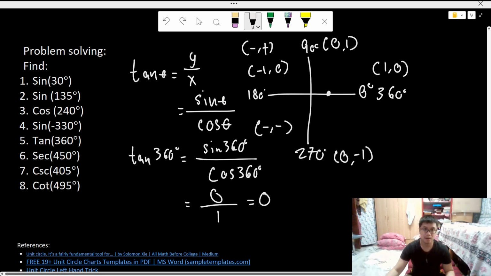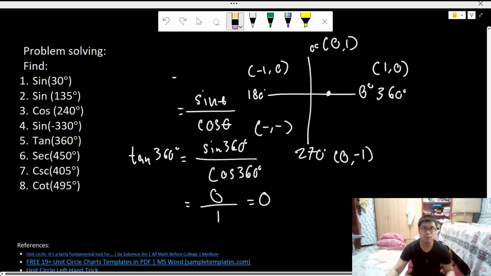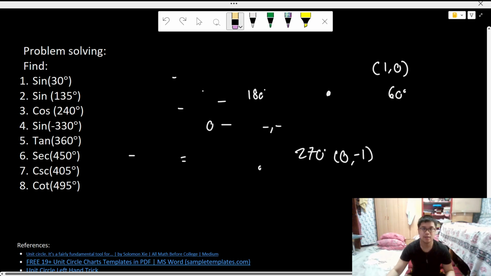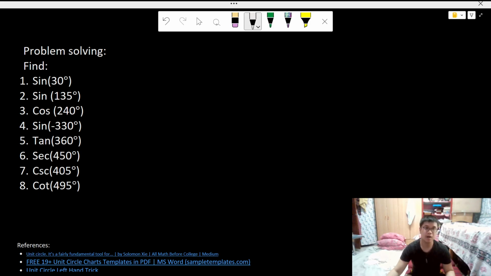That's it. We're good to go. Now next we have 3 more problems: the secant, cosecant, and cotangent. Let me just erase this one. Okay. So here, secant 450 degrees.